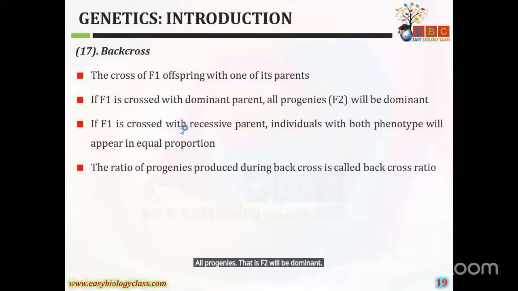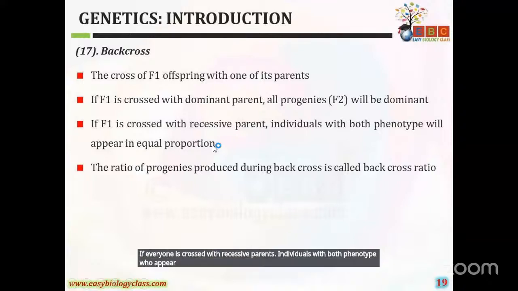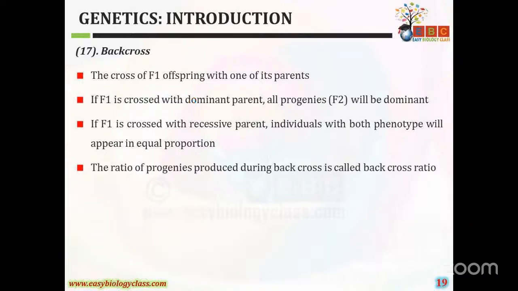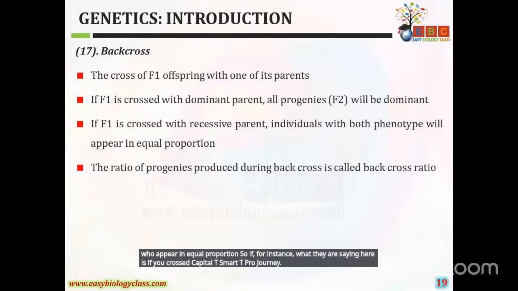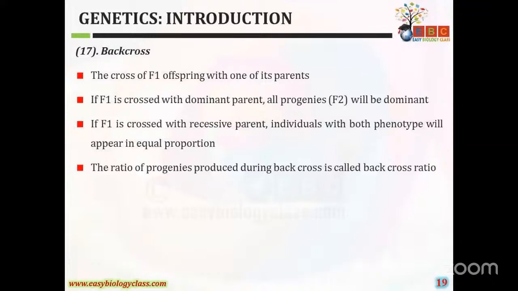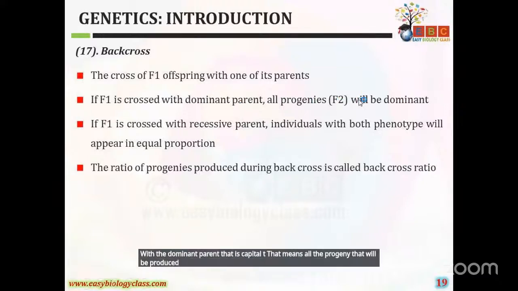If F1 is crossed with recessive parents, individuals with both phenotypes will appear in equal proportion. So, for instance, what they are saying here is if we cross capital T, small t progeny with the dominant parent, that is capital TT, that means all the progeny that will be produced will express dominant traits. They will all be tall.